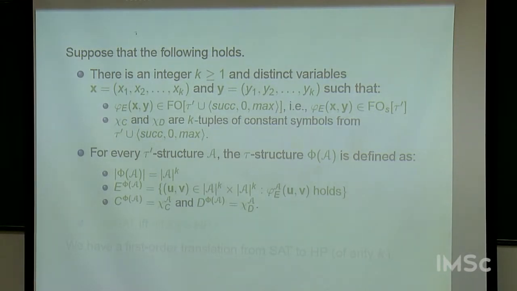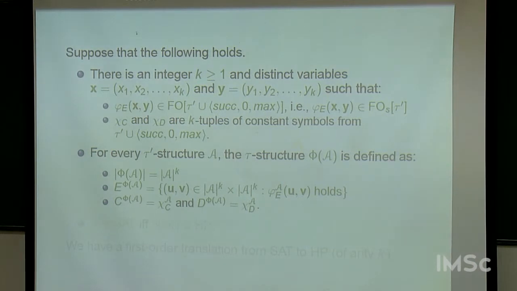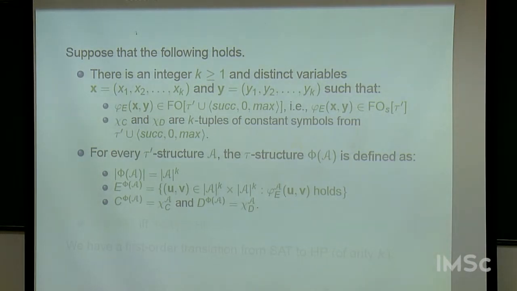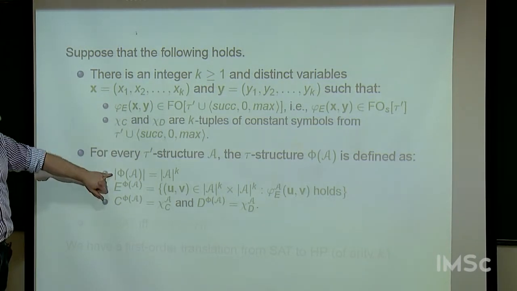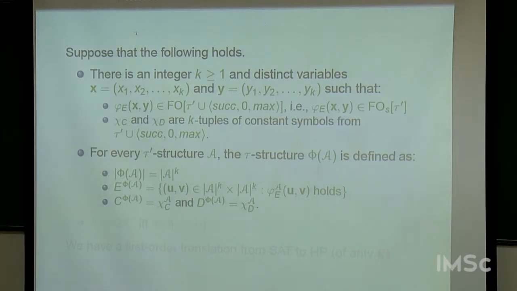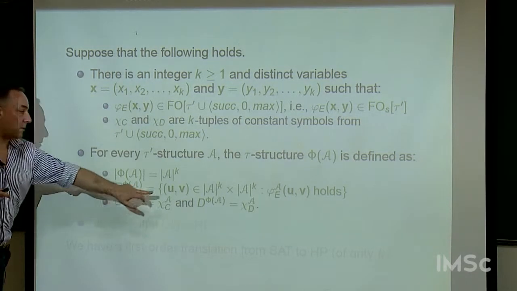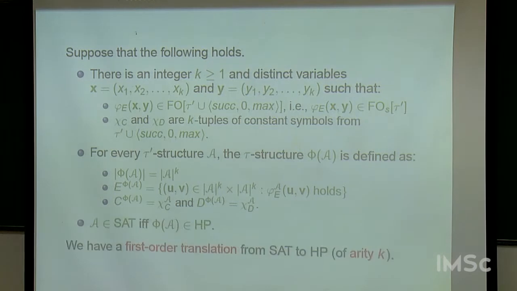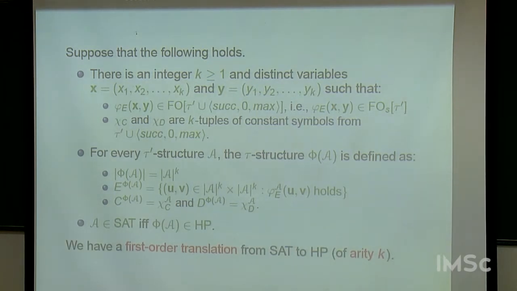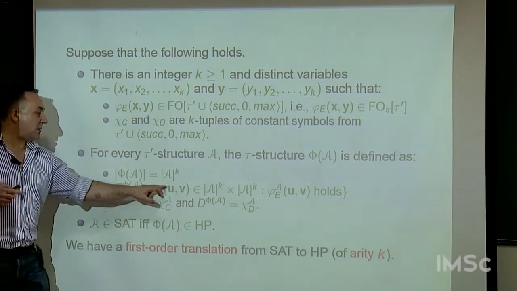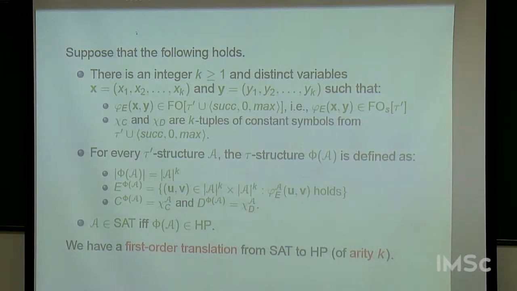Given this formula, and given my instance of satisfiability, I can use it to define a set of vertices, k-tuples of the elements of my original domain, a set of edges, and two vertices, C and D. And if everything works, that is, if my source structure is satisfiable if and only if my target structure is such that there's a path from this vertex to this vertex by following these edges, then I've got a first-order translation.